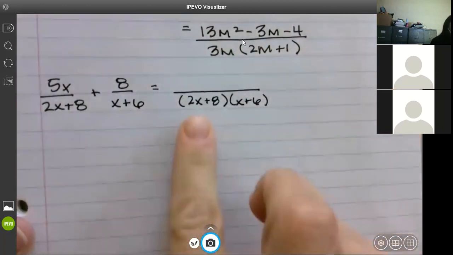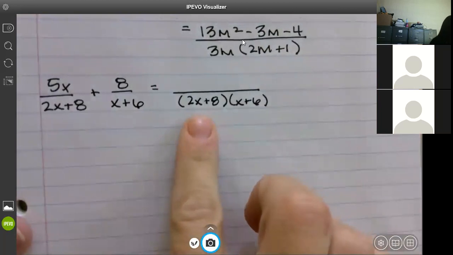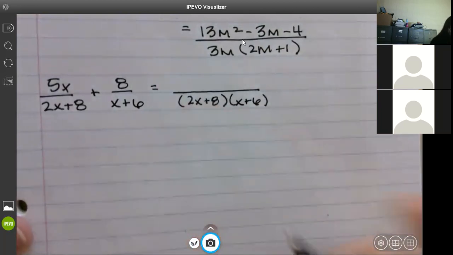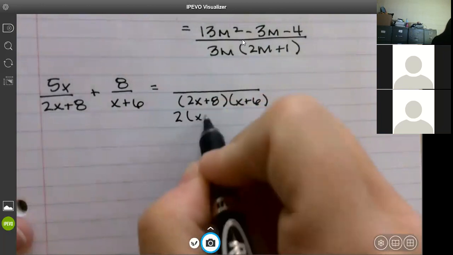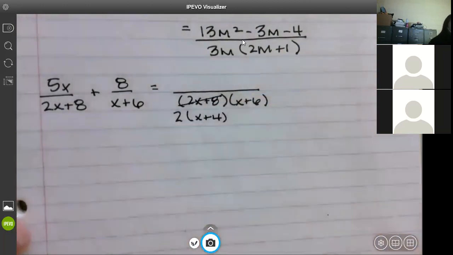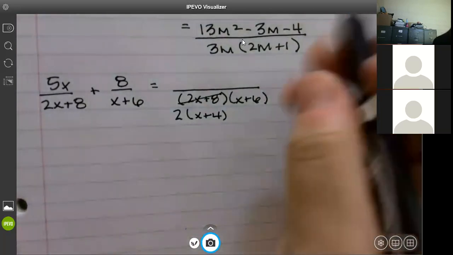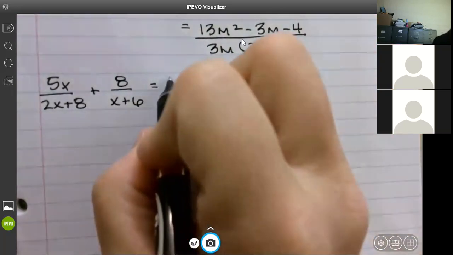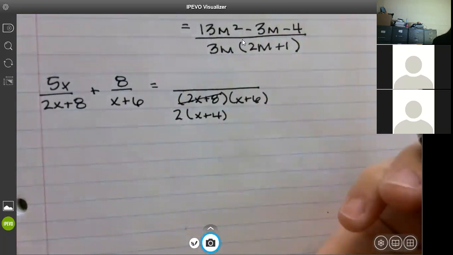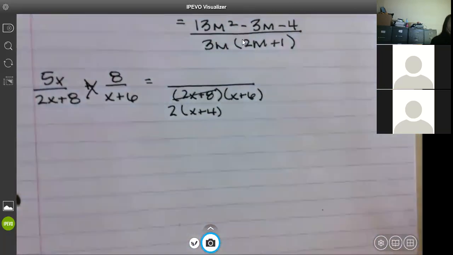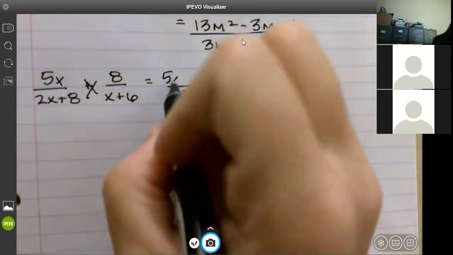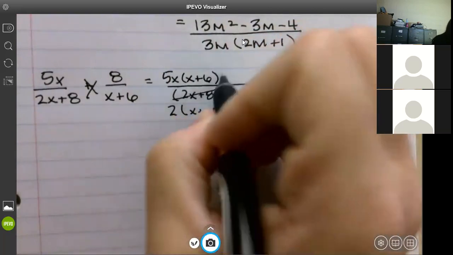Just to reiterate this, check this 2x plus 8 out. What do you know? I can take a GCF and change it to x plus 4. On the top, what am I going to do? Cross multiply. Multiplying what? Plus.